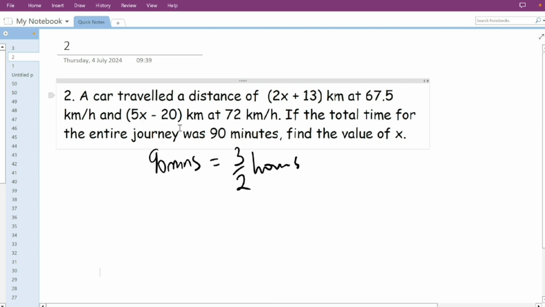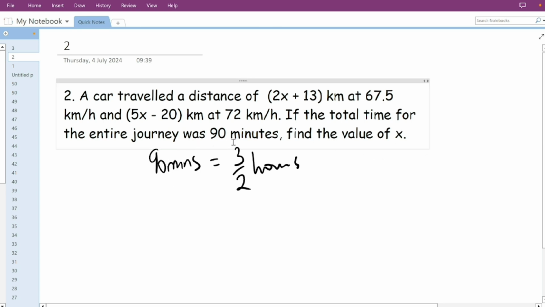Then 5x minus 20 kilometers at 72 kilometers per hour is the second phase. All the question is saying is that the first distance was traveled at the first speed, then the second distance was traveled at the second speed, and the total time for the entire journey was 90 minutes. Find the value of x.